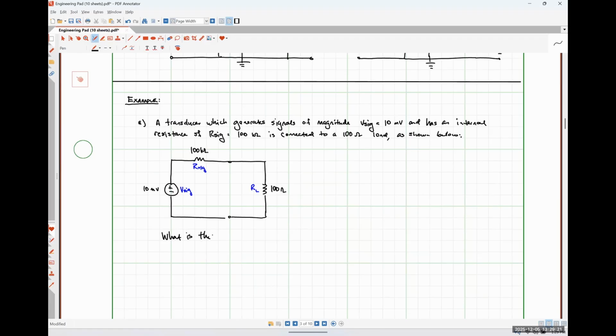what is the overall system gain. So I'm going to define a system gain as simply V out, which I'll define as just the voltage drop across the load, over V sig, and how much power is delivered to the load.